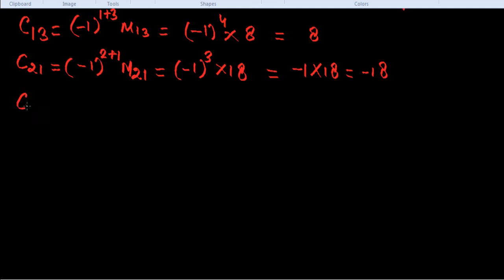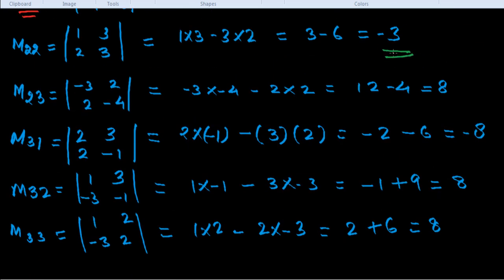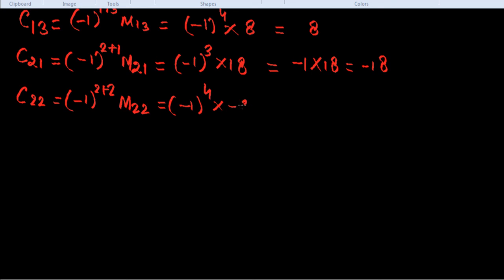And C22 is equal to minus 1 to the power 2 plus 2 M22, and minus 1 to the power 4, and M22 is minus 3. We have to put here minus 3. So we get here minus 3.